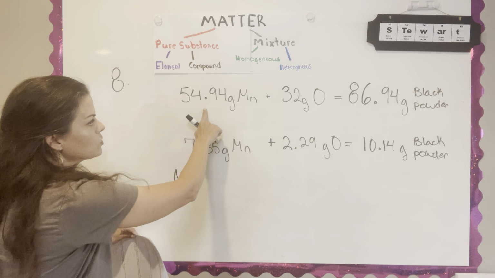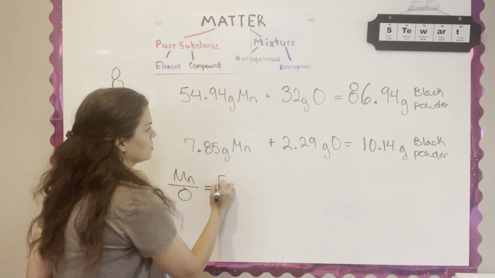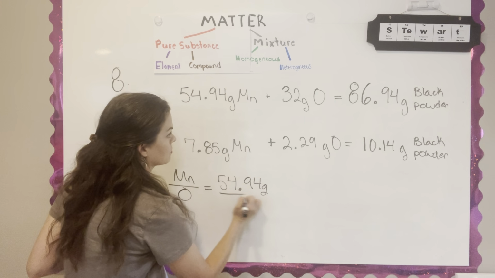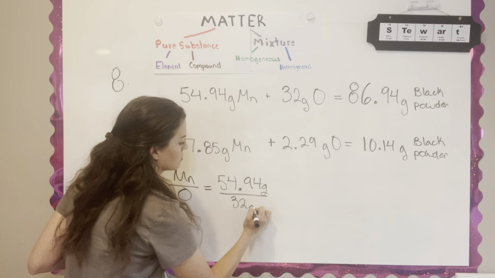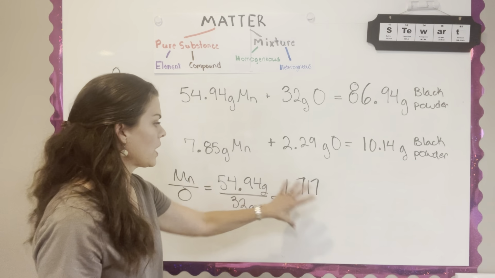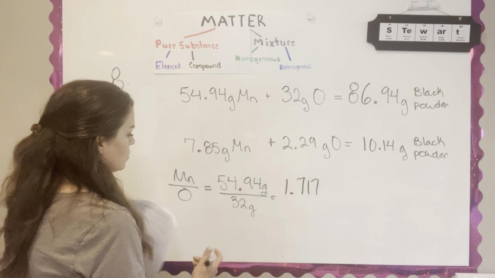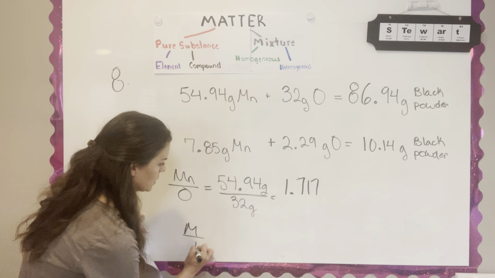And so for the first one, if I did magnesium to oxygen, on the first one, I get a ratio of 1.717. So this is for this one. So let's do the same thing for the second equation.